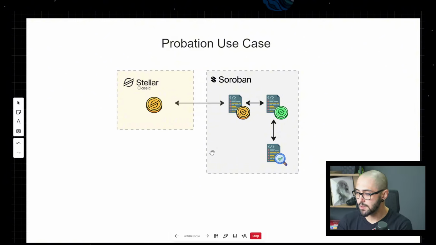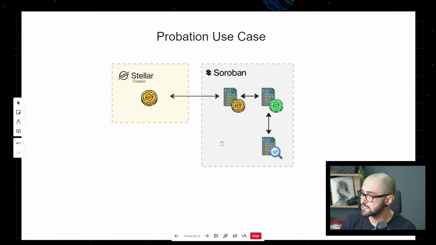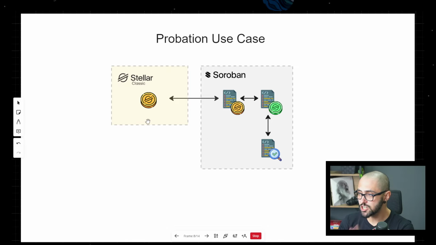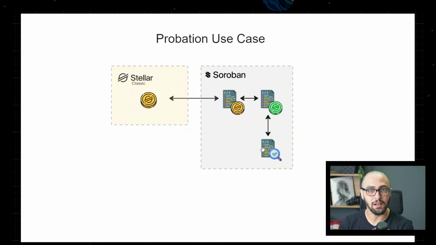So if you remember the previous video, what we need to do in this use case is ensure that the classic asset and the SAC are customized in a specific way. Then we need to provide two extra smart contracts to act as the wrapper: a default implementation for enforced wrappers, and a second smart contract which is fully customized with the special rules we want to apply to our asset.